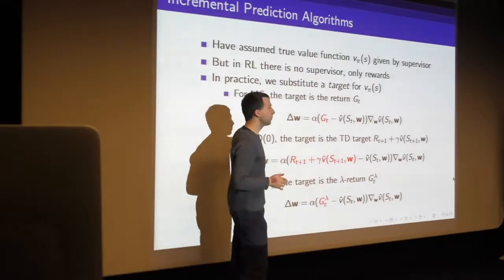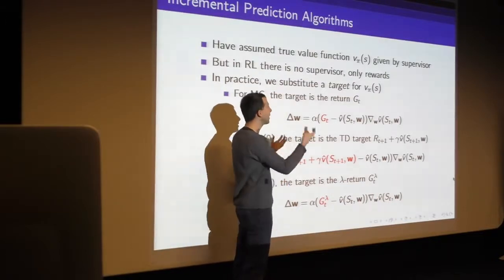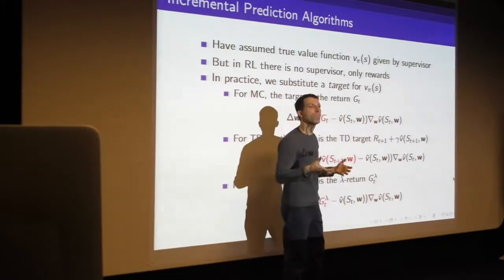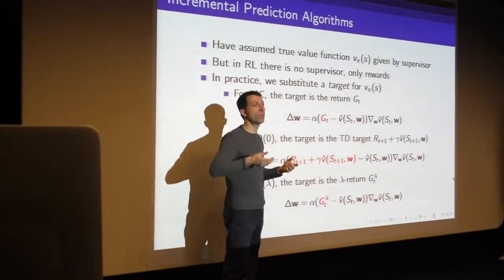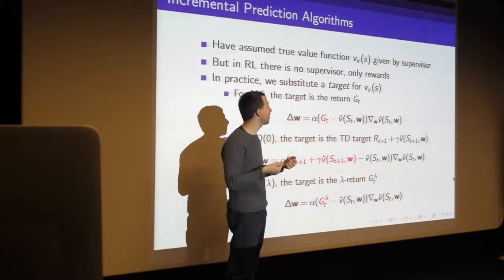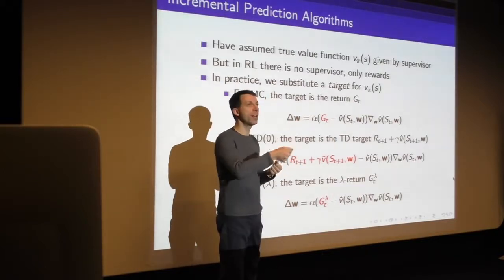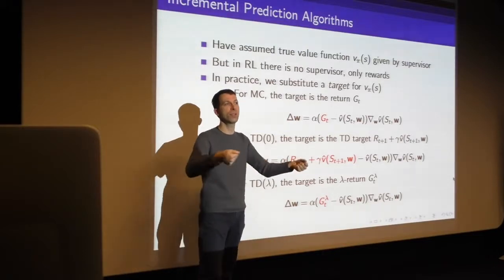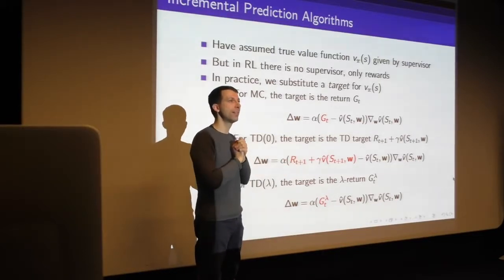So that's how to plug in Monte Carlo. We basically take our supervised targets, our v pi's, and we replace them with a return. So now we're fitting our value function towards the returns. The returns become the supervisor. So we're kind of doing supervised learning on the returns. Is that clear?